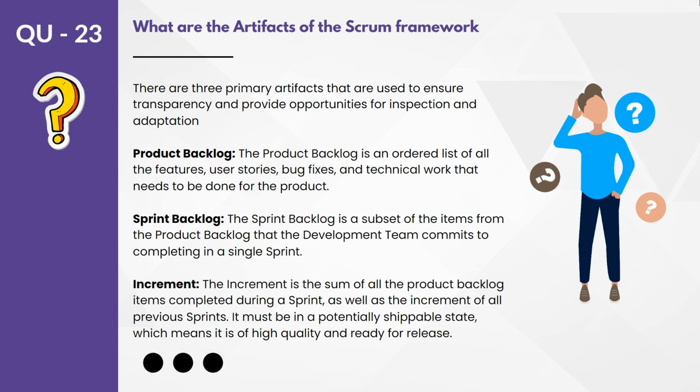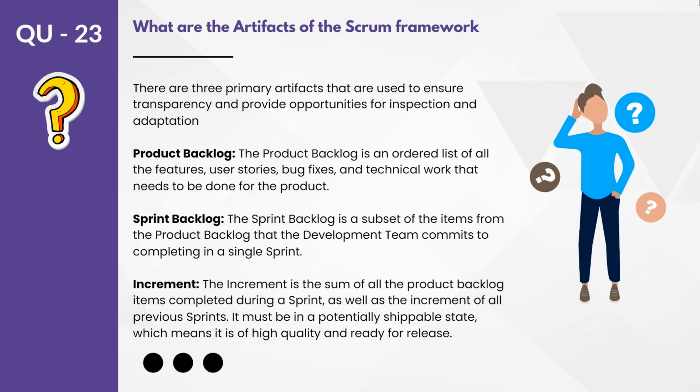Sprint backlog is a subset of the product backlog. Whatever set of stories from the product backlog are being worked upon in the given sprint, those are called the sprint backlog.